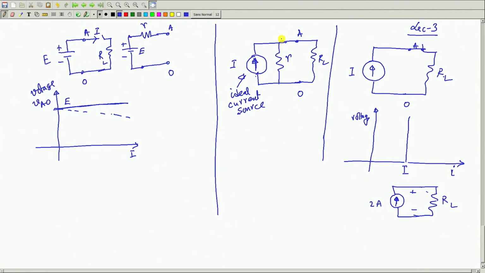Who prevents you from doing that? And therefore, voltage across it will be decided by this I and this equivalent resistance. It could be anything depending upon the value of RL. RL, the load resistance, may change, but the internal resistance of the current source will not change.